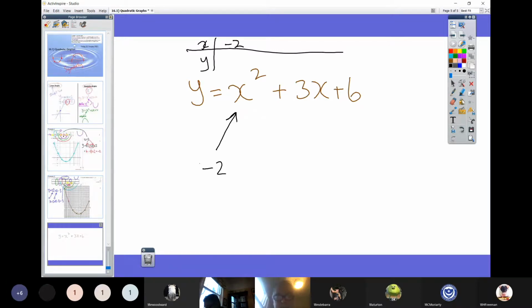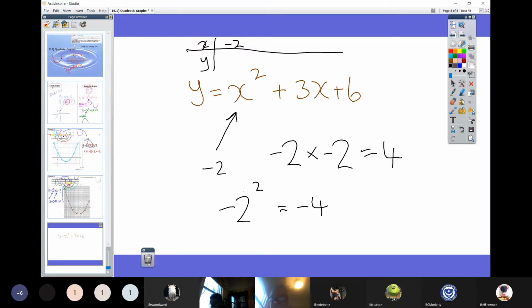Minus 2 squared means minus 2 times minus 2, which is plus 4. Now, if you put minus 2 squared into your calculator just like that, it will give you minus 4, because it does the squaring first and then attaches the minus, and that is wrong. Minus 2 squared needs to be plus 4.